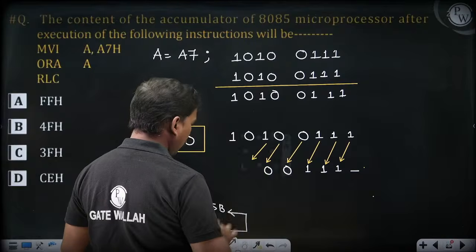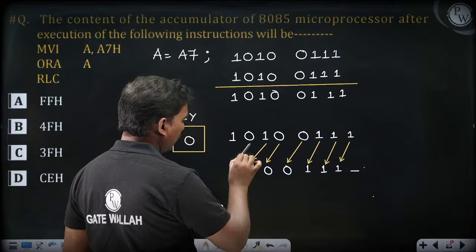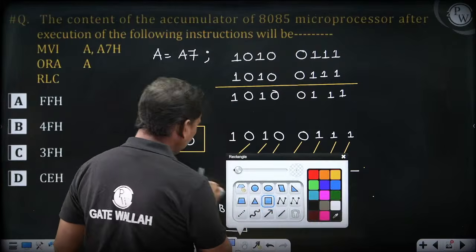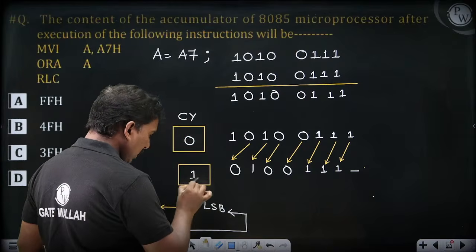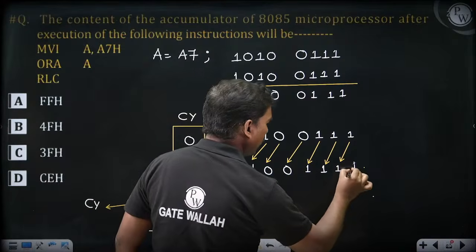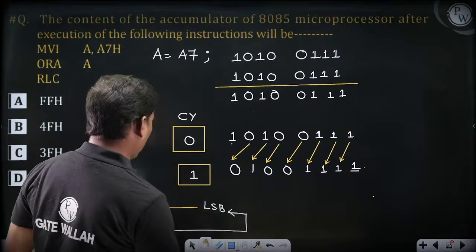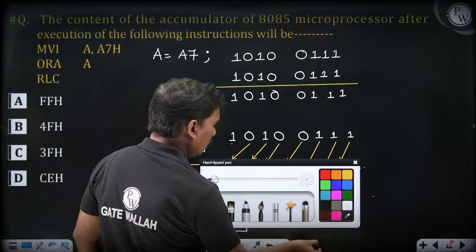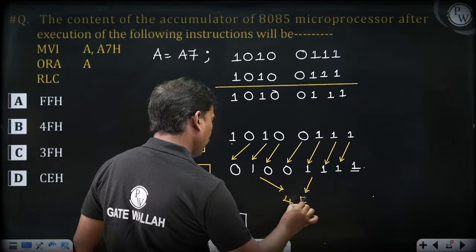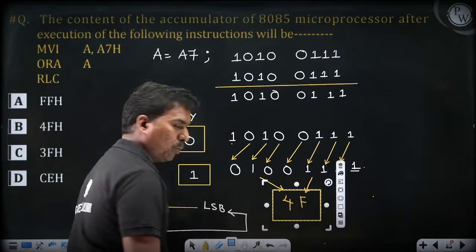This comes here, 1. This comes here, 0. And MSB will go to carry, but carry will not be involved in the rotation. This MSB only will come back. So this is 1. So now what happens? If you see, this is 4 and this is F. So the right answer is 4F.